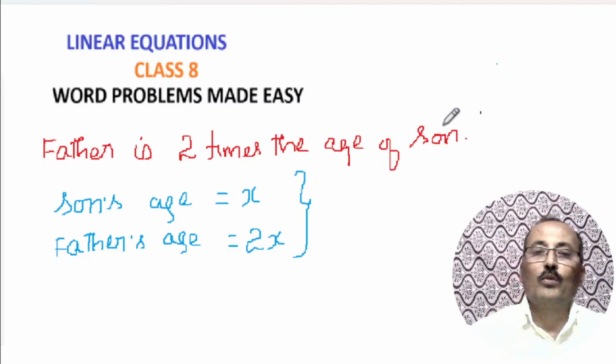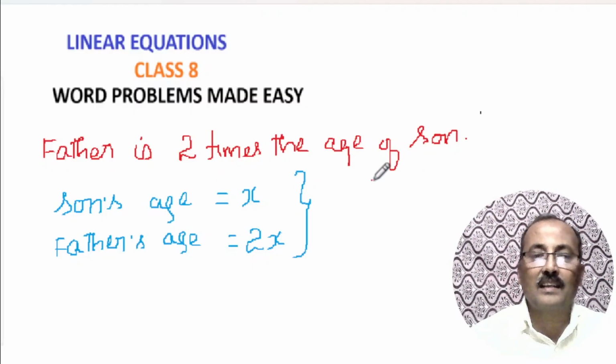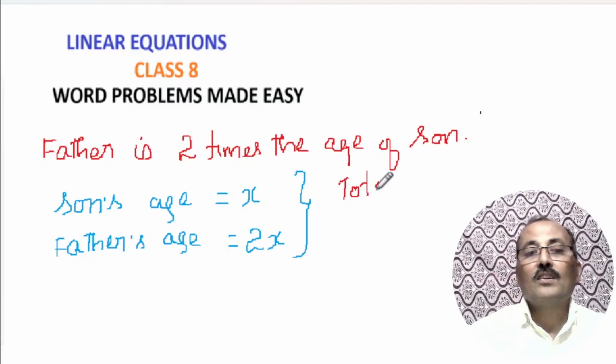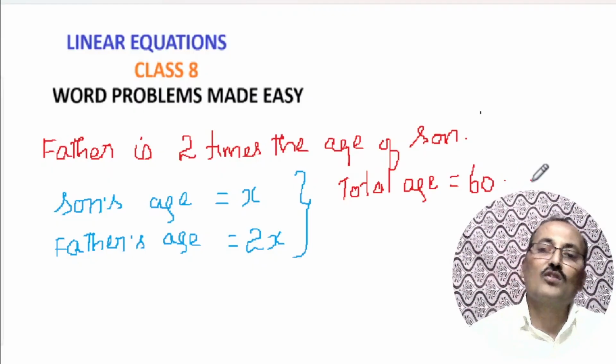So for that, what are we going to do? Suppose they ask like this: father is 2 times the age of the son and their total age, both of them together, is 60. If they give it like this, then you can try to solve the sum.